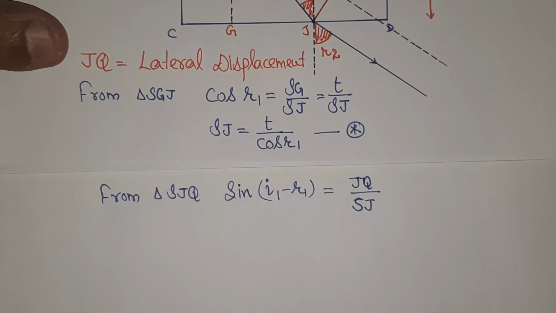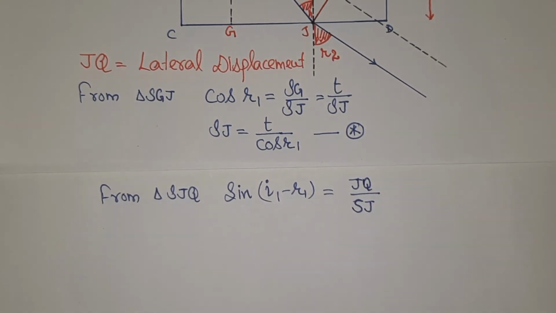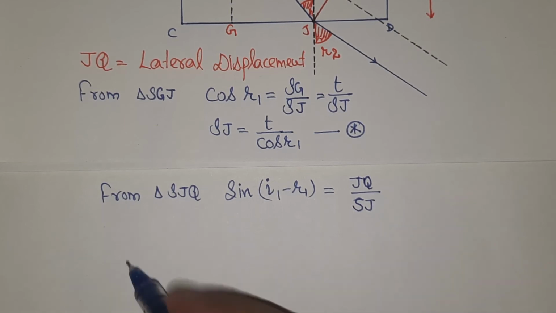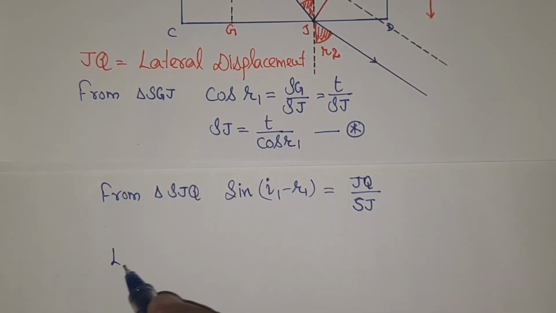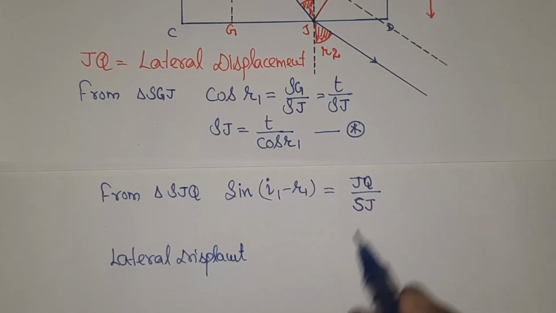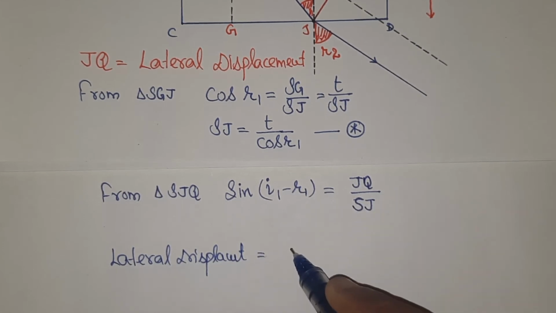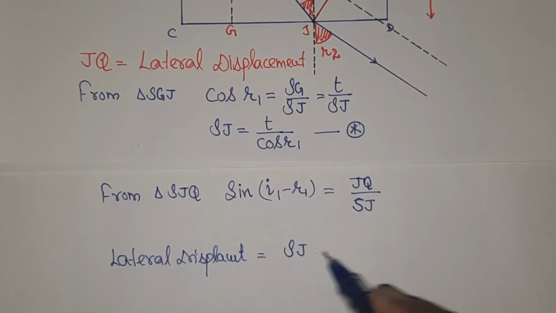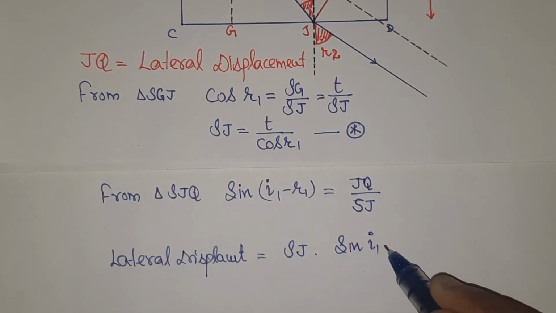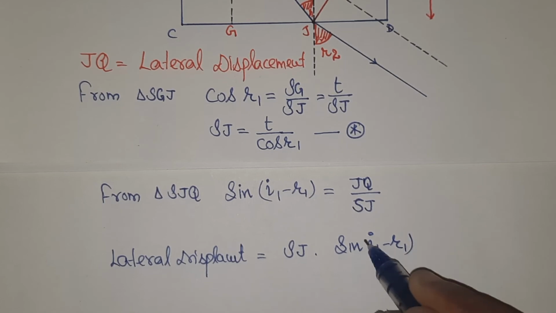JQ is the lateral displacement, so lateral displacement is equal to SJ into sine of I1 minus R1.